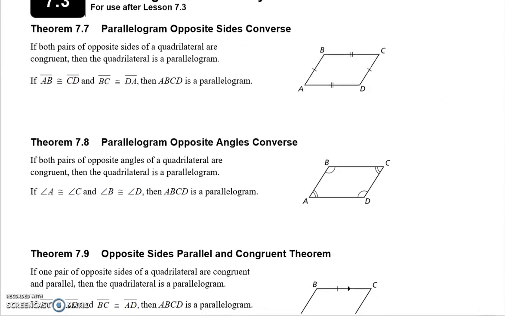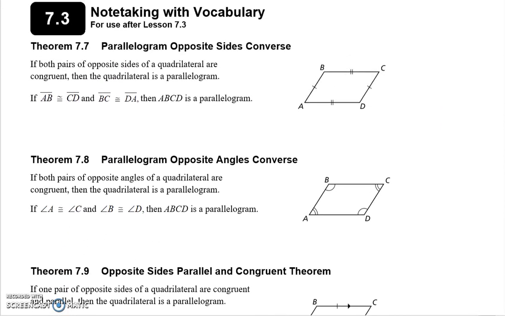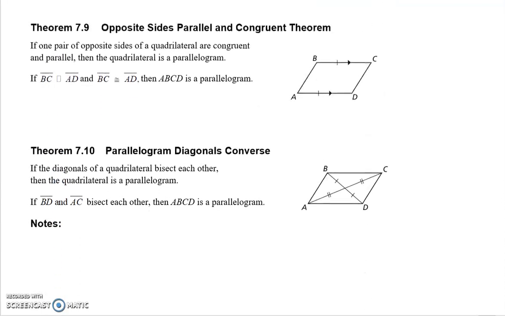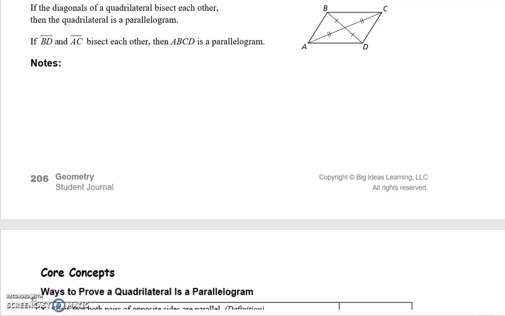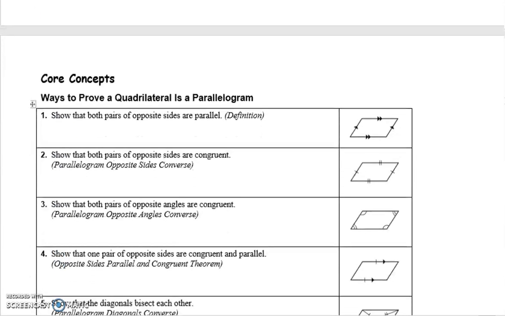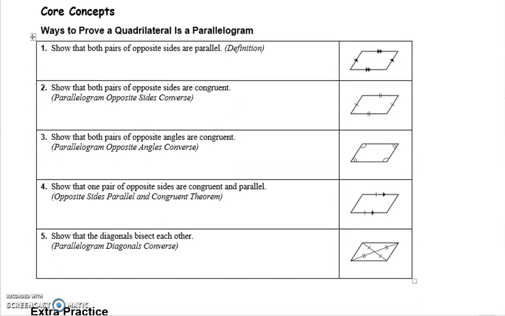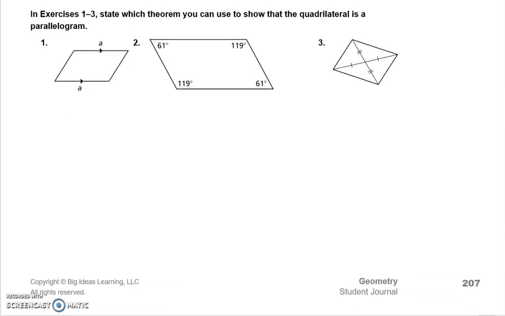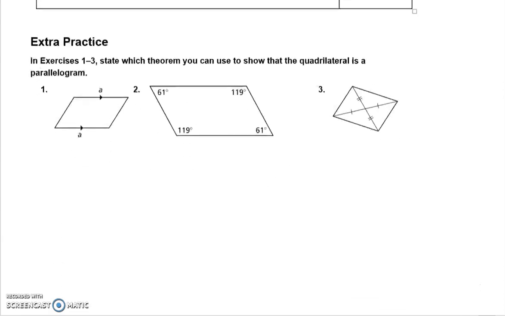This one, 7.3, is still talking about parallelograms. It's still the same stuff, proving when things are parallelograms. Here you have this nice little table that has all your parallelogram rules, and we'll be referencing it.